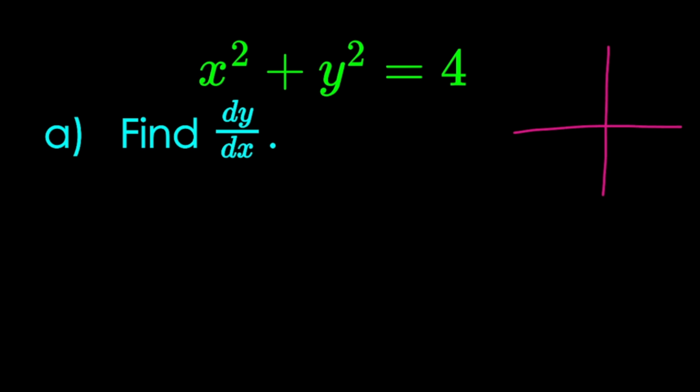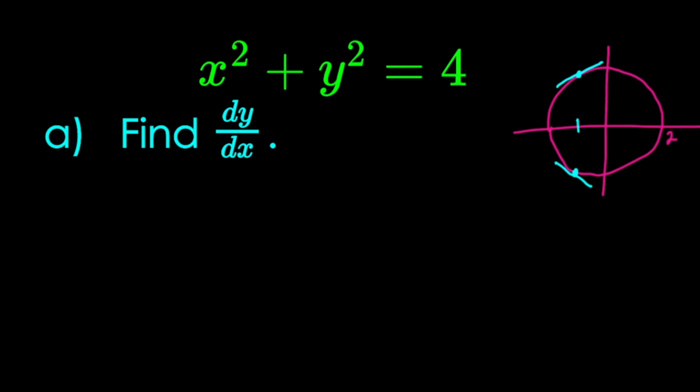If we sketch that, we can think about any point that lies on this circle and understand that the tangent line at that point does certainly have a slope. But that slope doesn't depend only on the x value, because that same x value has another point on the circle down here, and that tangent line has a different slope than the one on the top.